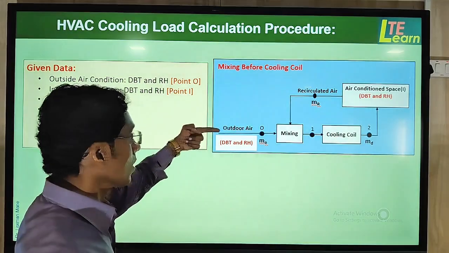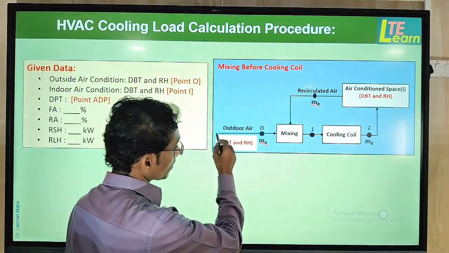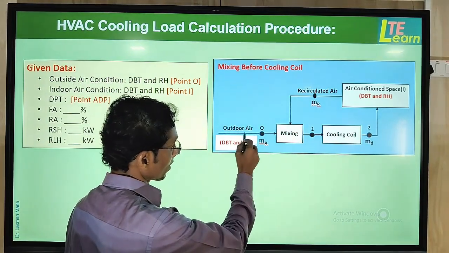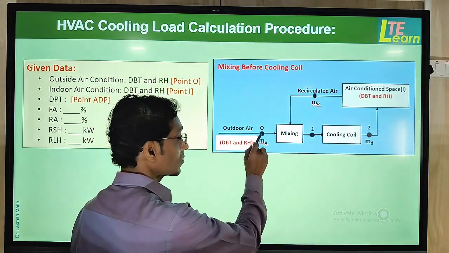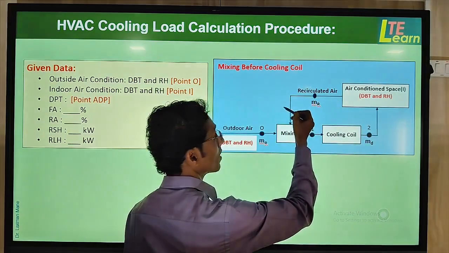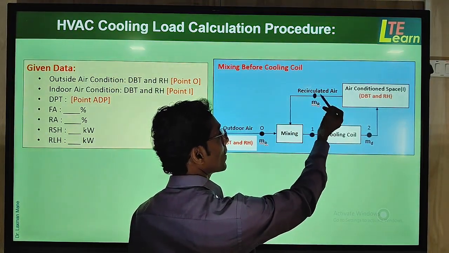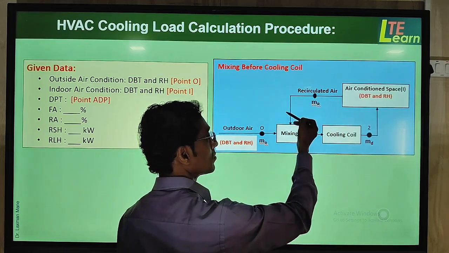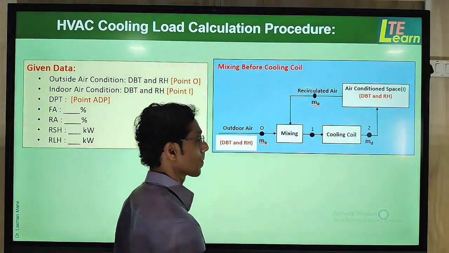So here, via the supply duct, outside air is taken, that is called fresh air. This fresh air is mixed with the recirculated air, which is also called return air, which is coming via the return duct. These both air streams are mixed in the mixing chamber.